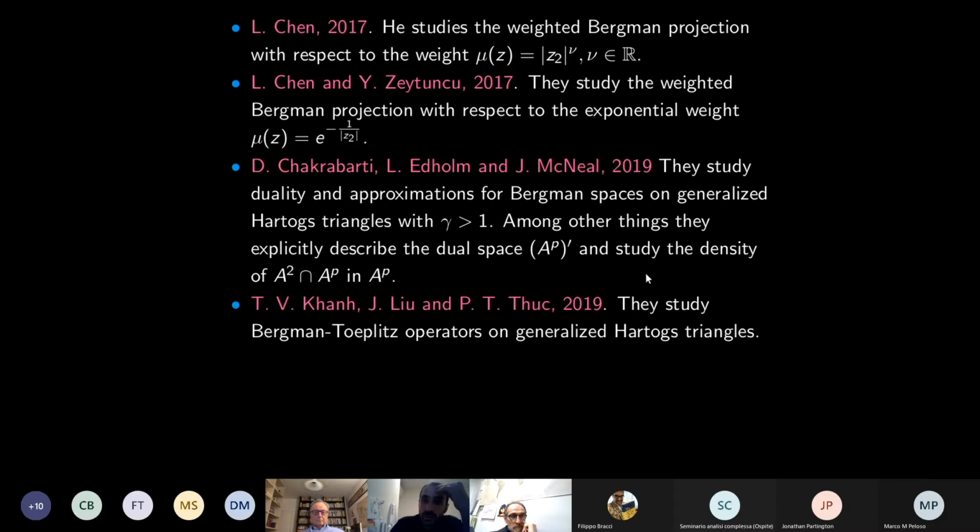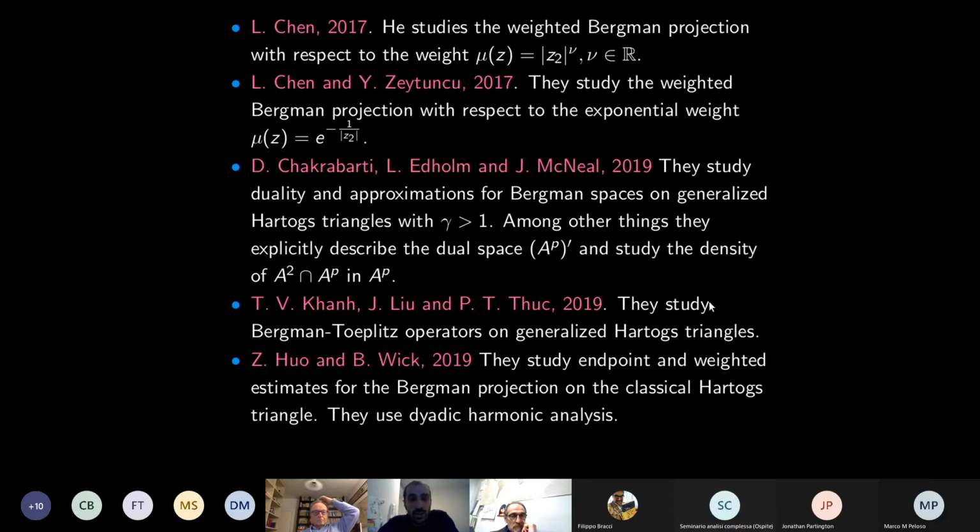Then Khan, Liu, and Tu studied, in 2019, the Bergman Toeplitz operators on generalized Hartogs triangles, whereas Wu and Wick recently studied endpoint and weighted estimates for the Bergman projection on the classical triangle, and they do that by using techniques of dyadic harmonic analysis. So quite a few people have been working on Bergman projection related problems.